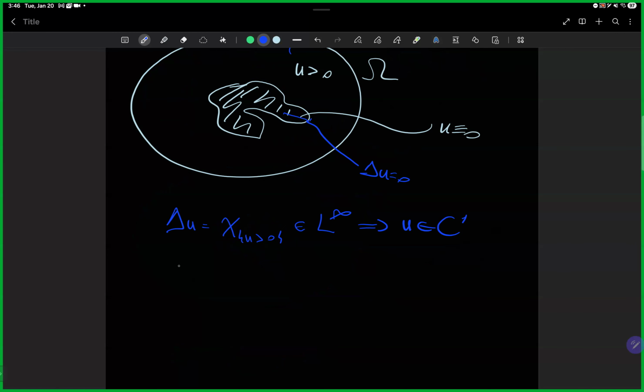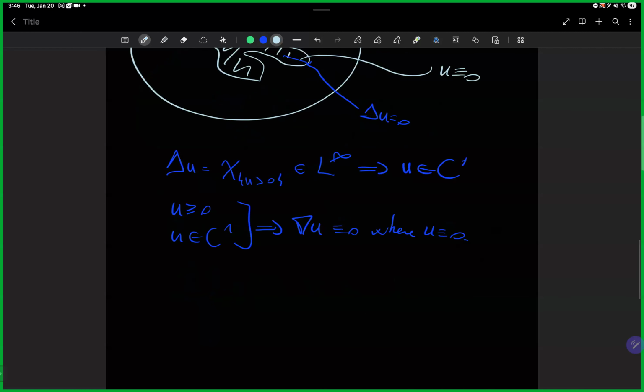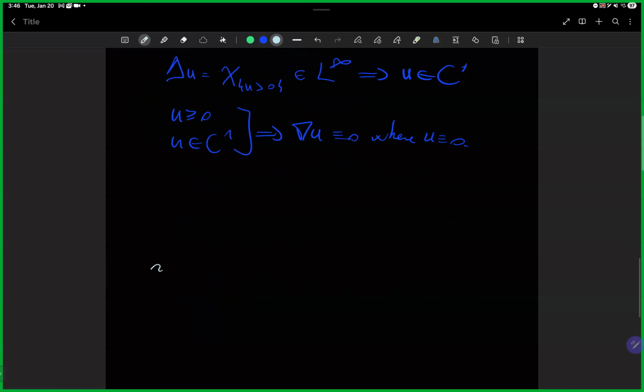So u greater or equal than 0 and u is C1 implies the gradient of u is 0 where u is 0, because you have a non-negative function, so at the minimum points the gradient will be 0. So this means that my u has the following shape. From the side, it looks something like this. Where it detaches, it has to do it with 0 gradient.